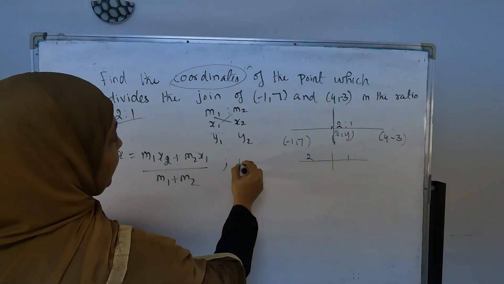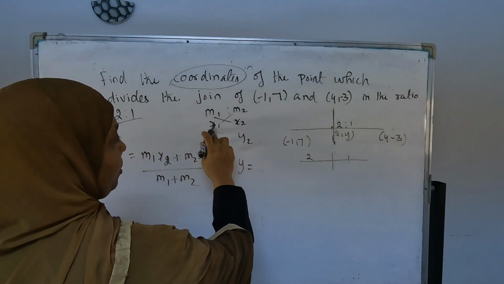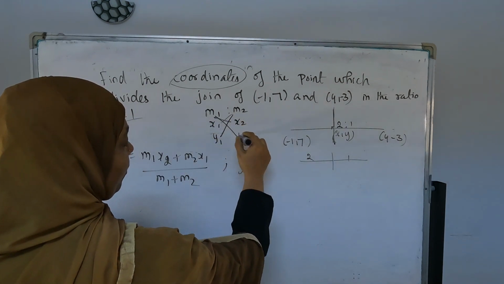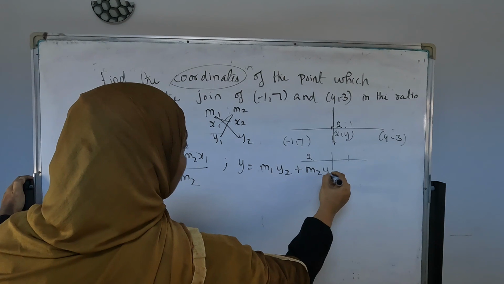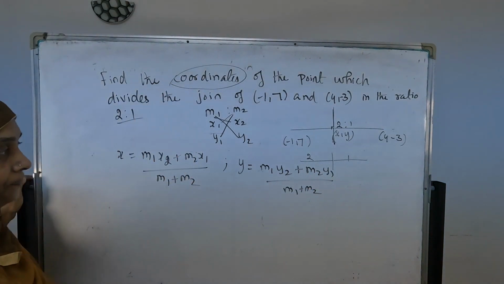Similarly for the y coordinate, y is equal to (m1 y2 plus m2 y1) by (m1 plus m2). This is our formula.